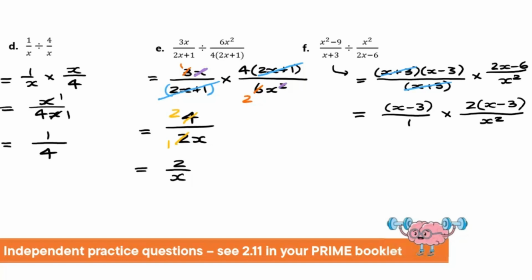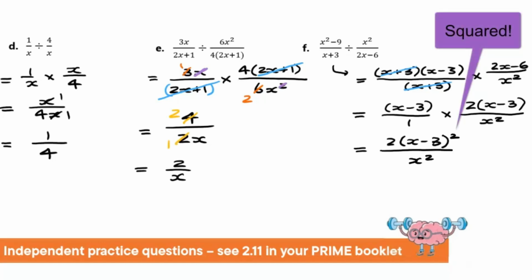Now unfortunately we can't cancel off that x minus 3, but because we've got it multiplied by itself, we've got x minus 3 times 2 times x minus 3. We have 2 lots of those x minus 3's multiplied with each other. So we could, in the numerator, now have 2 and then x minus 3 in brackets over x squared. If you'd expanded out those brackets and simplified it down, this year I'd also accept that. That would be perfectly fine.